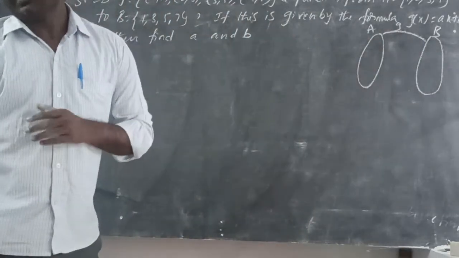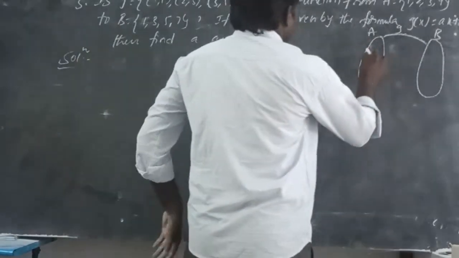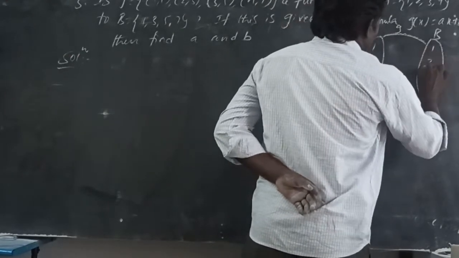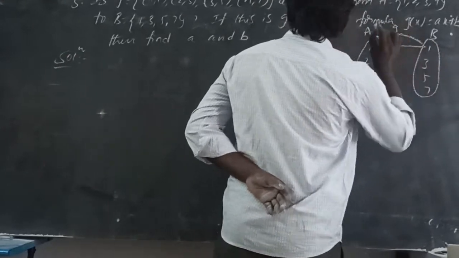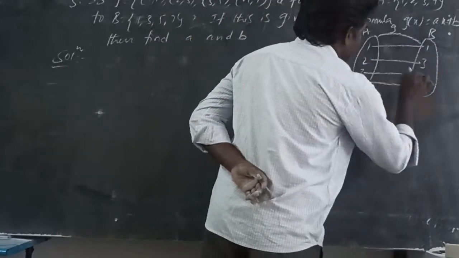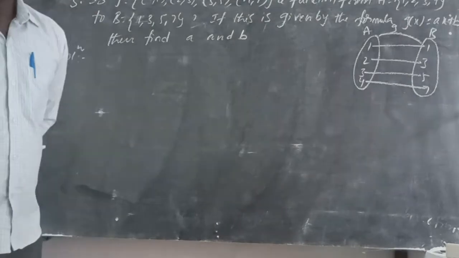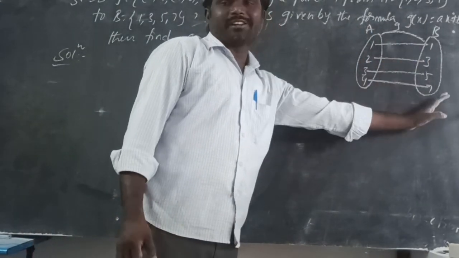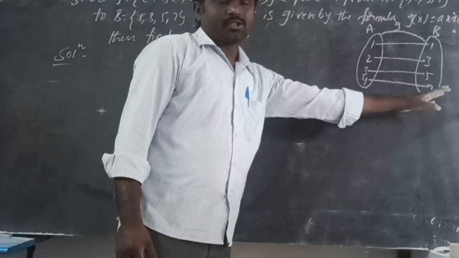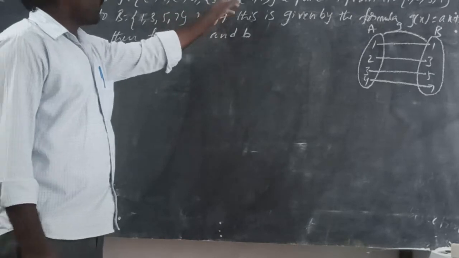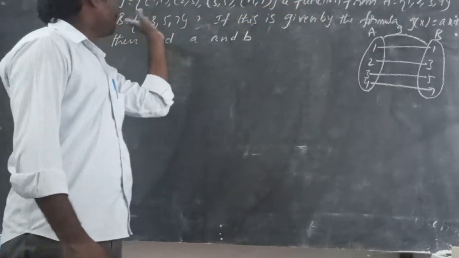So 1 to 1, 2 to 3, 3 to 5, 4 to 7 is a mapping, a function from A to B.